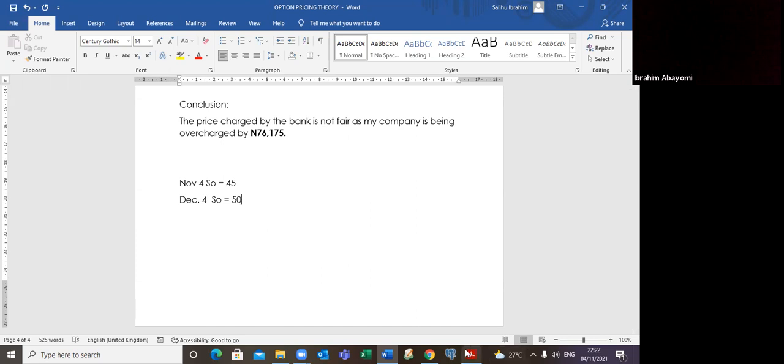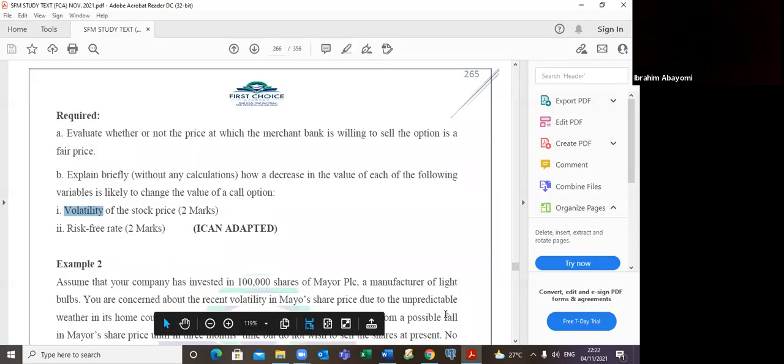Now, let us go and relate this to the value of an option. The question says, explain briefly how a decrease in the value of each of the following variables is likely to change the value of a call option.